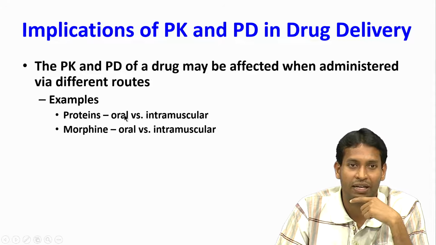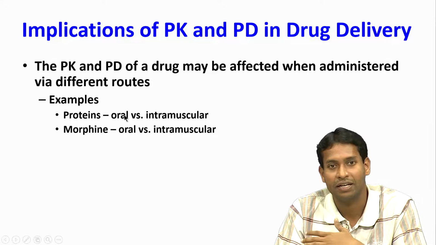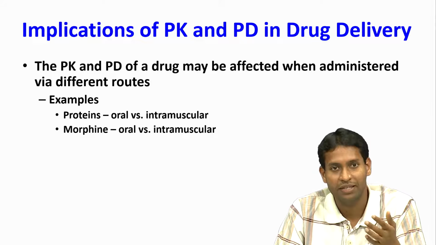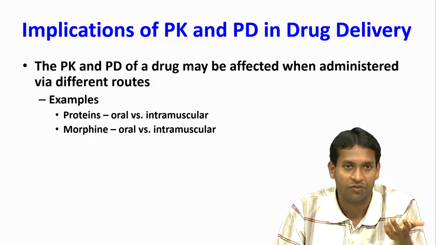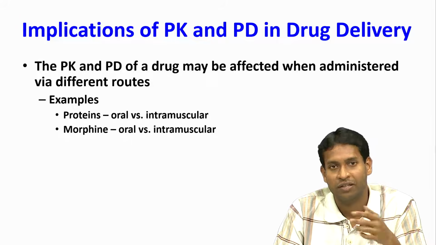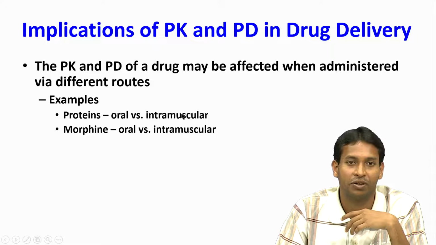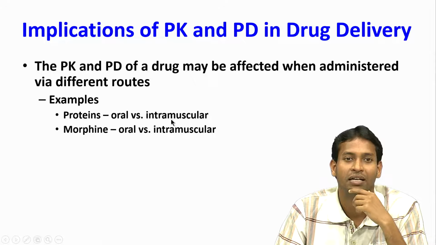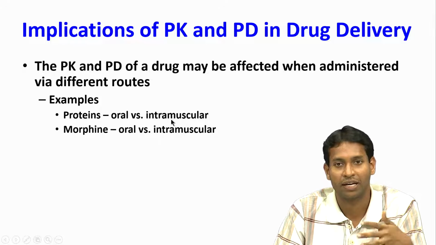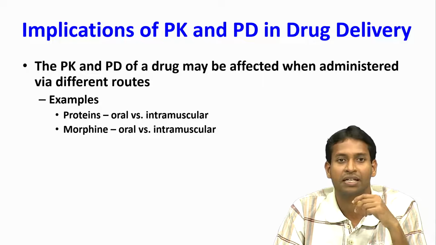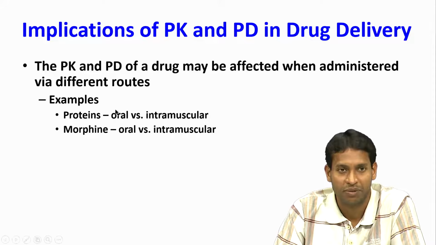If you give them orally and they have to go through the gastrointestinal tract, your stomach, which has a very low pH, that would lead to denaturation of these proteins and the drug may not be active. Versus if you give it directly intramuscularly for, let us say, some muscle pain, then these proteins may be much more active as well as much more available at the site. So, these are some of the examples here.